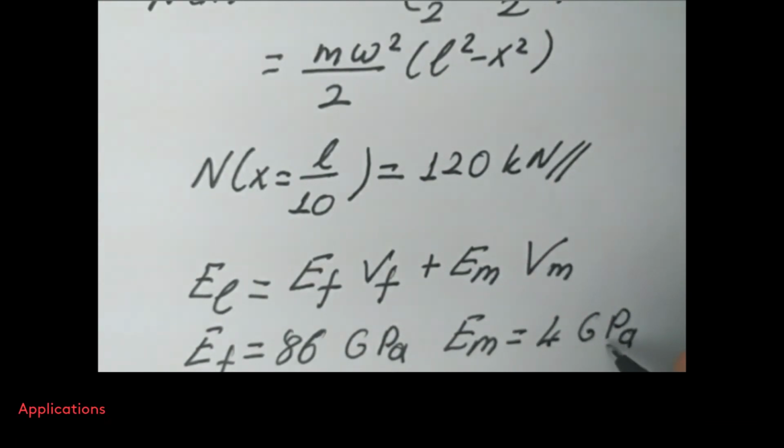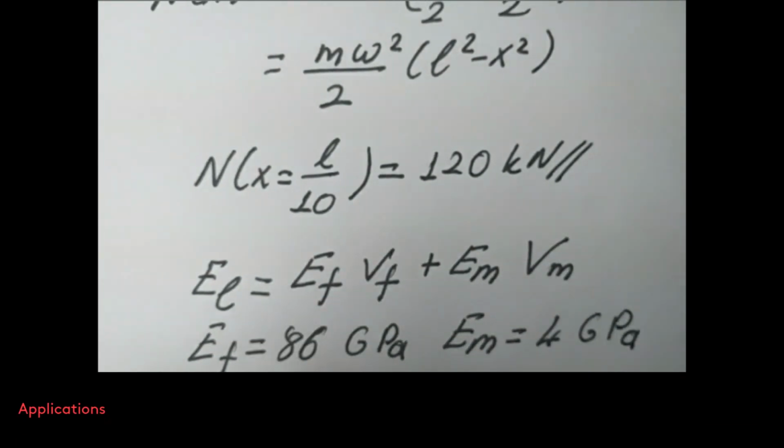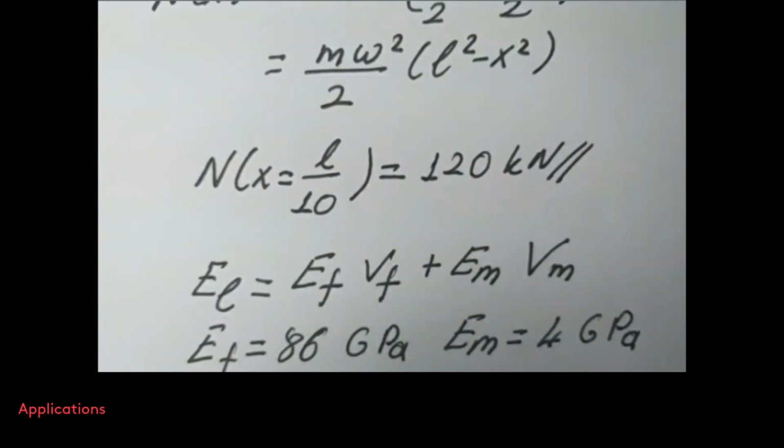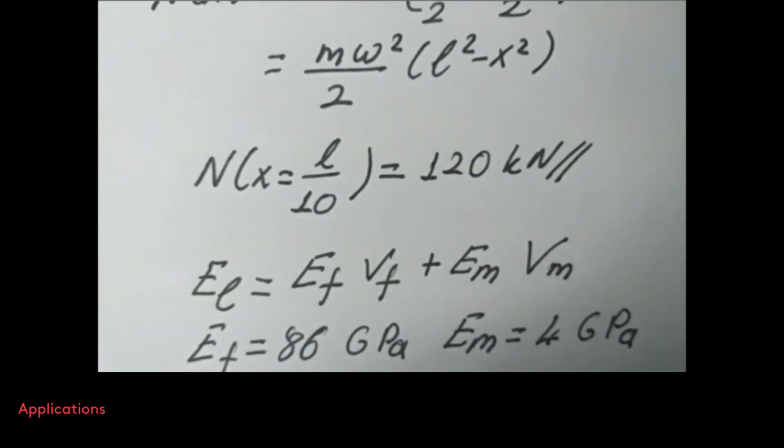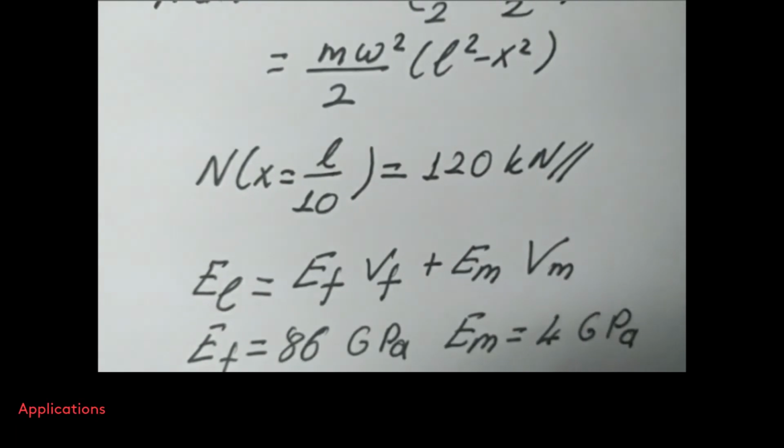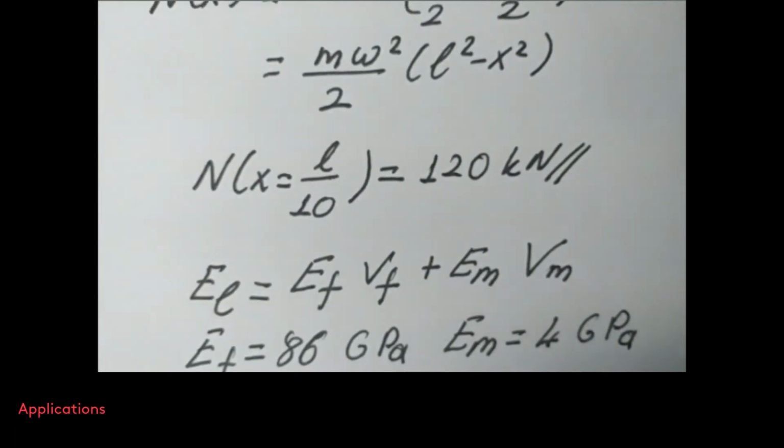The volume fraction of the fiber phase is 0.6, and Vm is equal to 0.4.